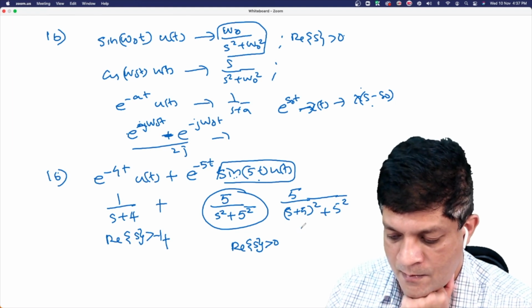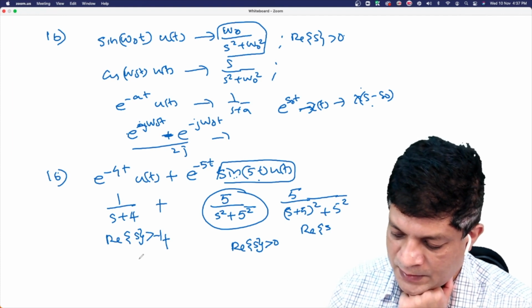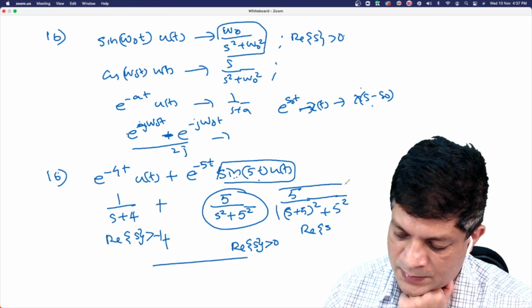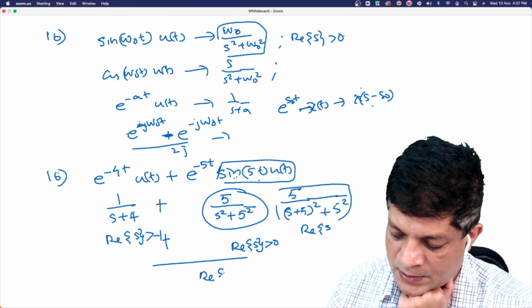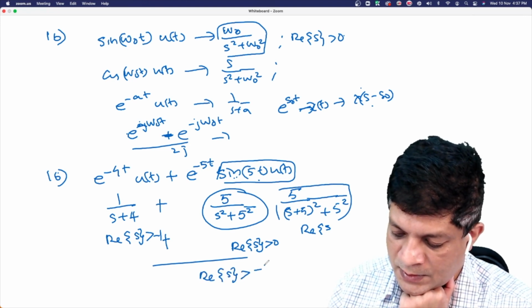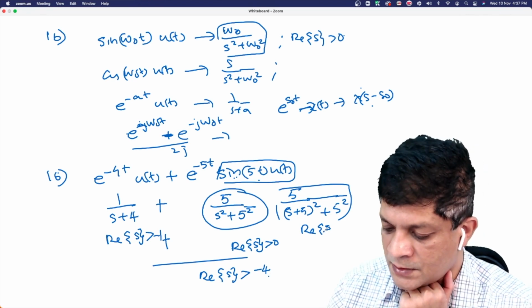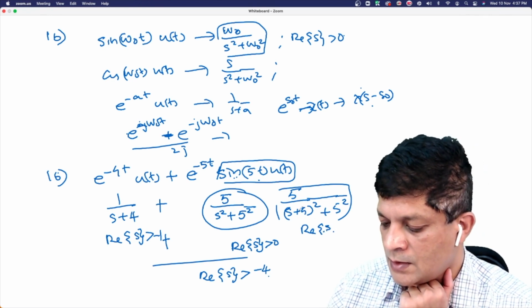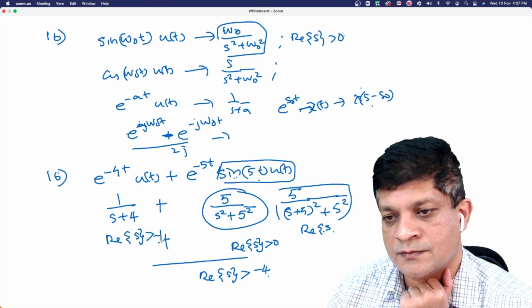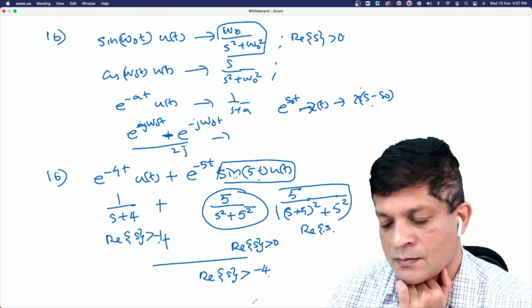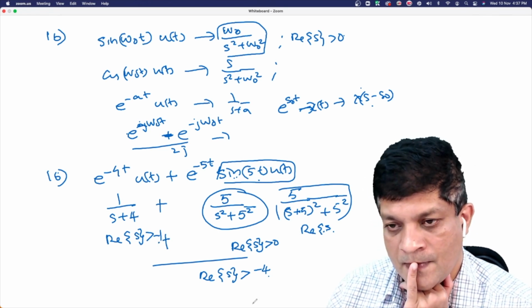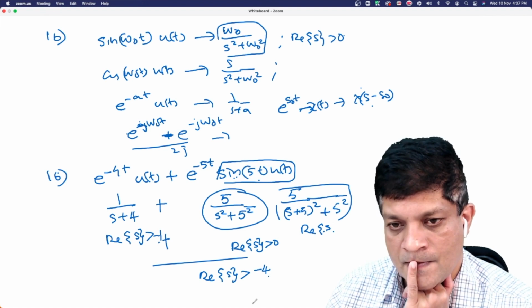Real part of s greater than minus 5. Real part of s greater than minus 5, and when you take the intersection, the complete ROC is what? Real part of s greater than minus 4, isn't it? It is intersection of these two. This is s greater than minus 5, and this is minus 4. So it is that. Okay. So that is the answer.